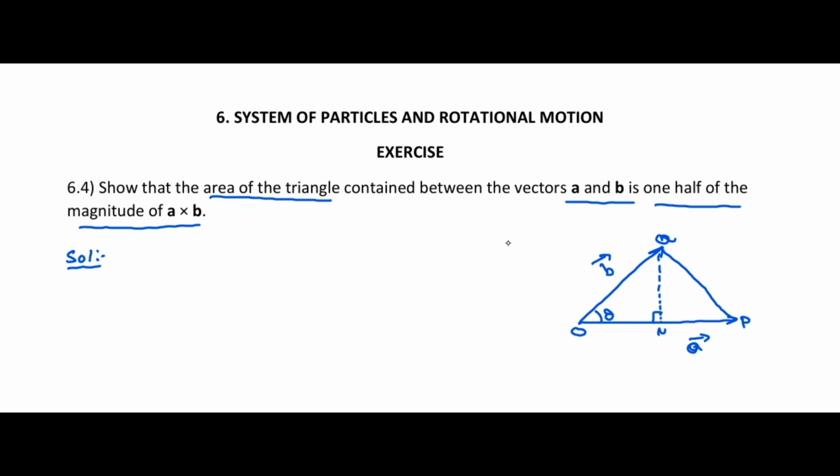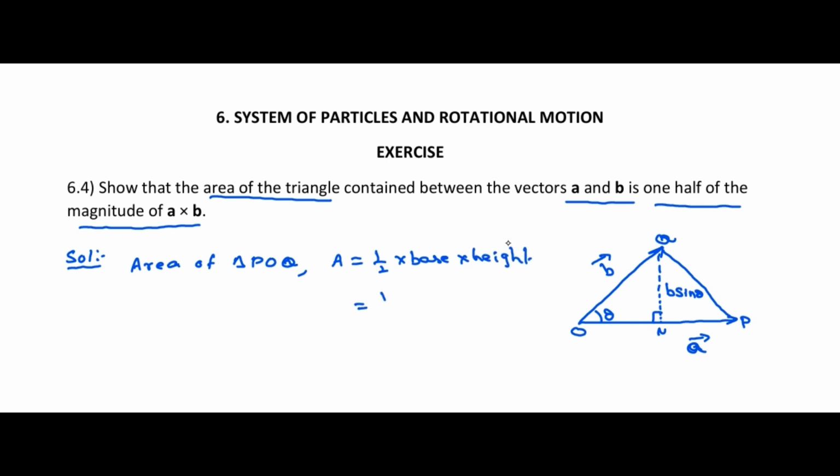Now Qn value will be B sin theta. The reason is ONQ is like a right angle triangle. So Qn value will be B sin theta. Now area of triangle POQ, I am taking, A is equal to half into base into height.